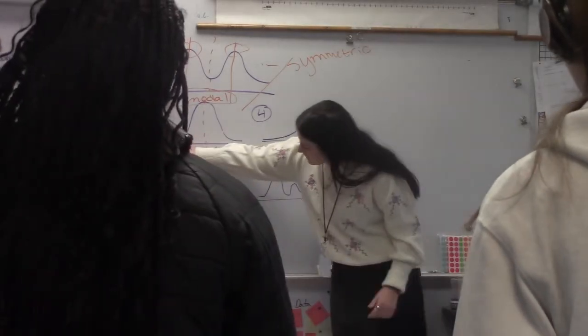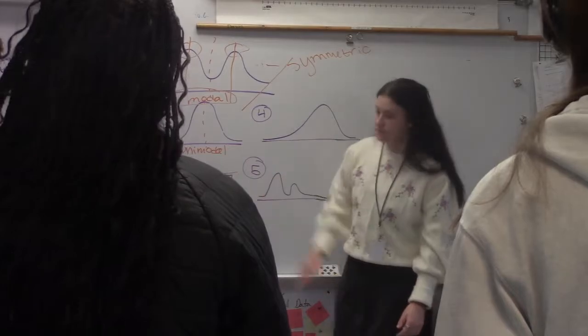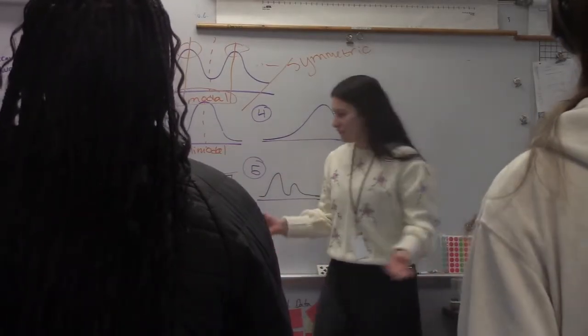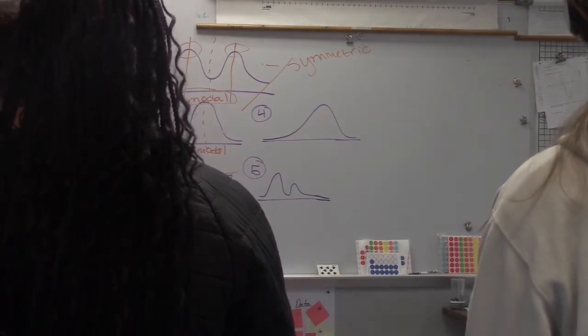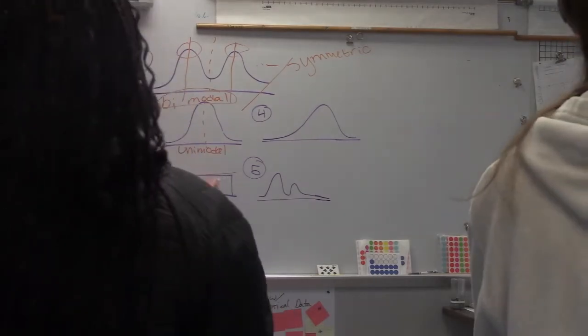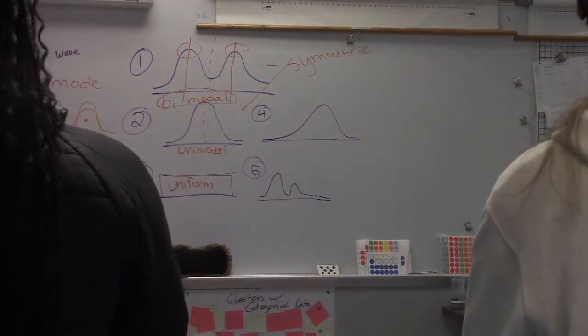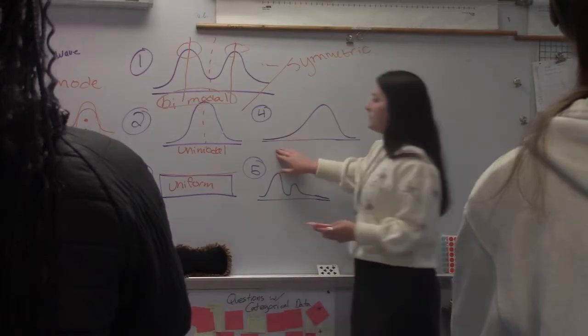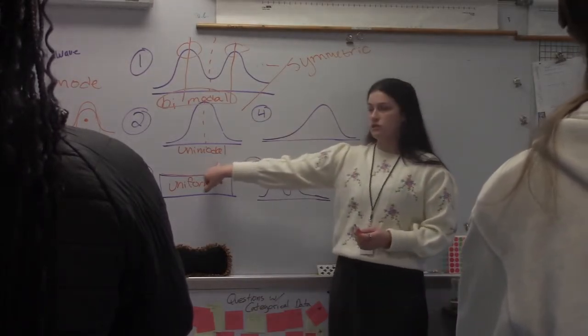Does this stay the same all the way through? Yeah. So what kind of distribution are we looking at? Uniform. It's not unimodal because there are no humps. You have to make sure there's a hump to be unimodal. Okay? Uniform. Now, what is different about 4 and 2?